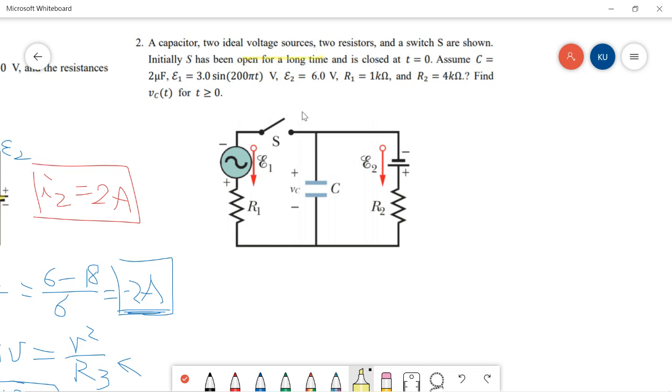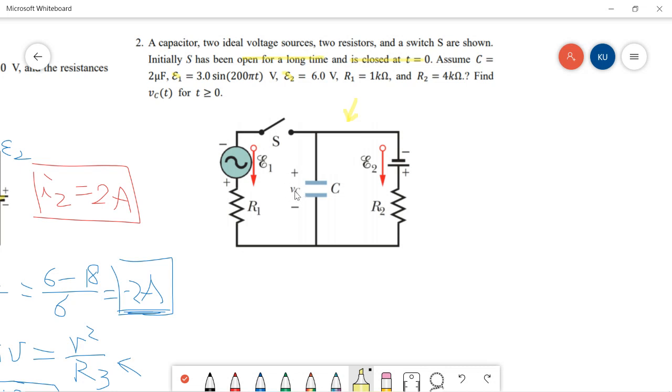Which means that at t equals 0, this part is at the steady state, and at t equals 0, the switch is closed, and assume C equals 2 μF. E1 is a sinusoidal source, E2 is a DC source, and so on.